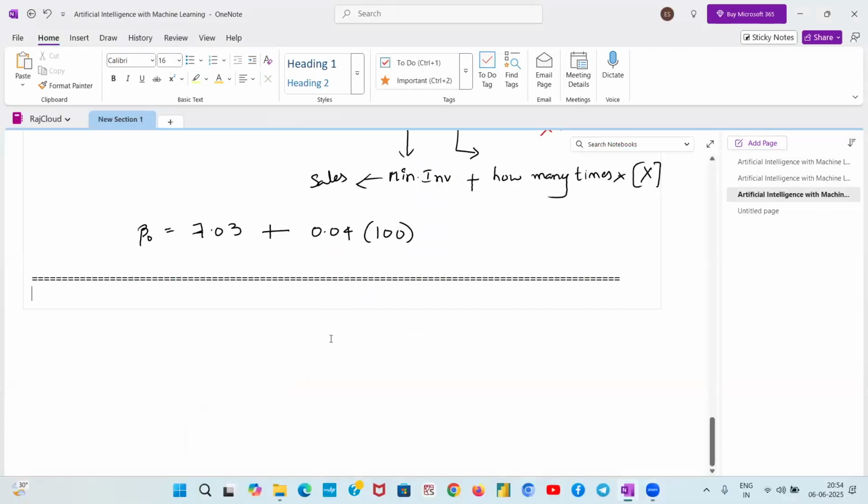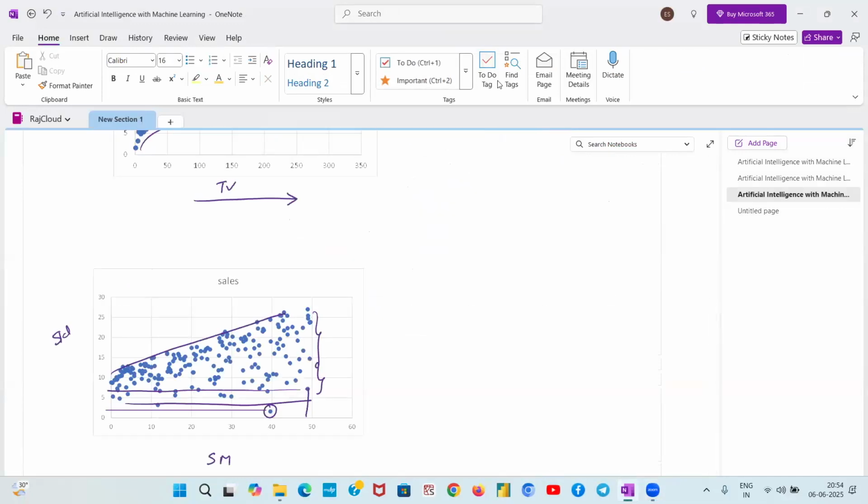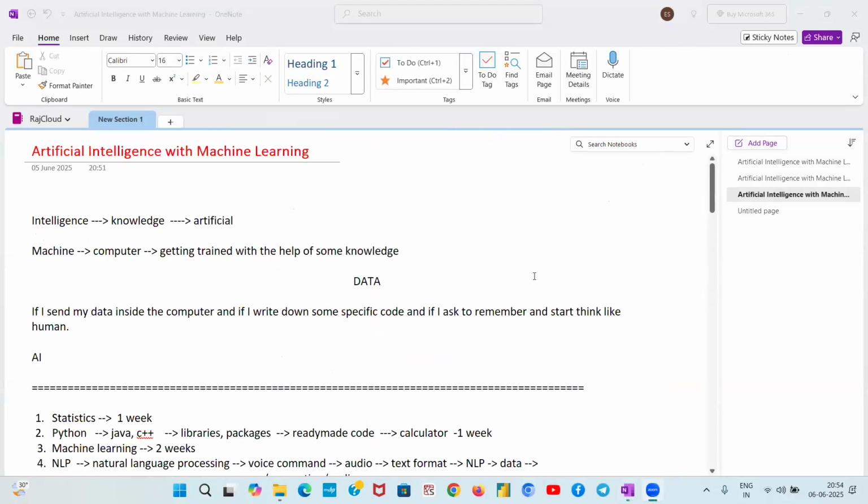So, yesterday's session, let's quickly recollect what we discussed. If you go back, we had a definition, the meaning of what is meant by artificial intelligence.